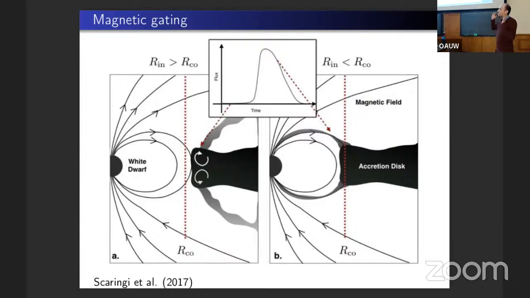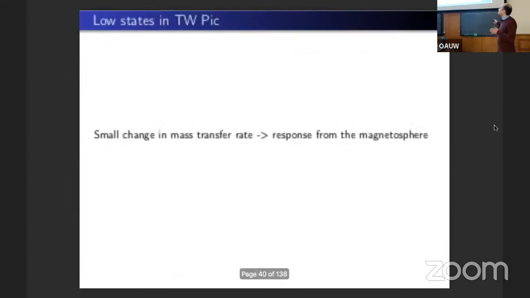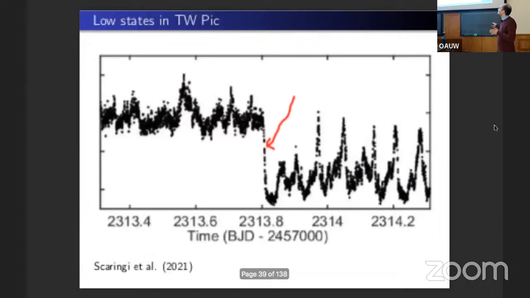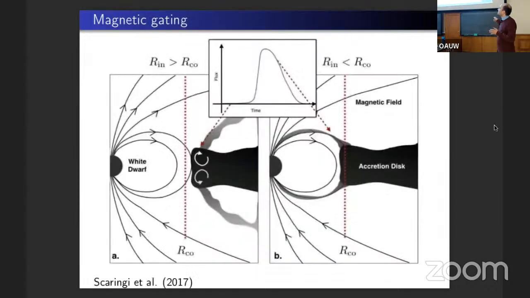But when we build up enough pressure in the accretion disk, we shrink the magnetosphere and we move to the right-hand side panel. So the innermost accretion disk radius is closer to the white dwarf than the corotation radius. So the matter in the accretion disk rotates fast enough, and it can accrete onto the white dwarf.